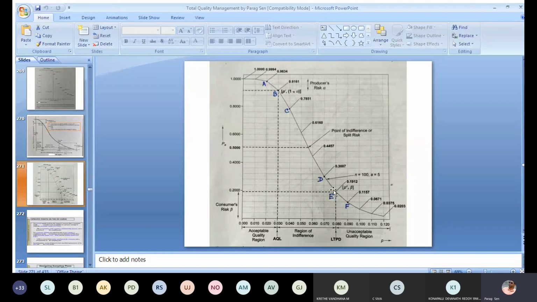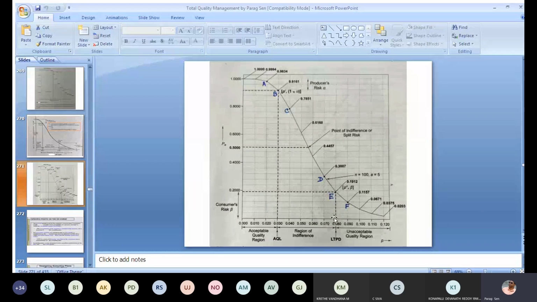Automatically you can see here that in case of consumer's risk, suppose the lot contains, for example, 8% defective, so what will be the consumer's risk? Consumer's risk will be this value, 0.1912.